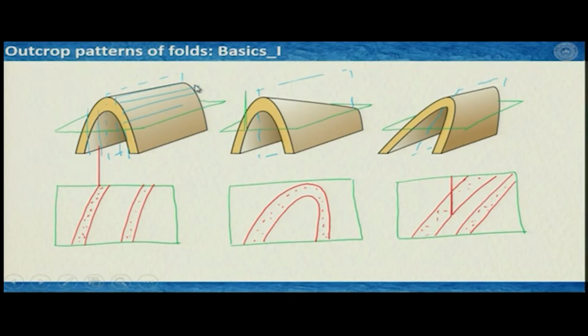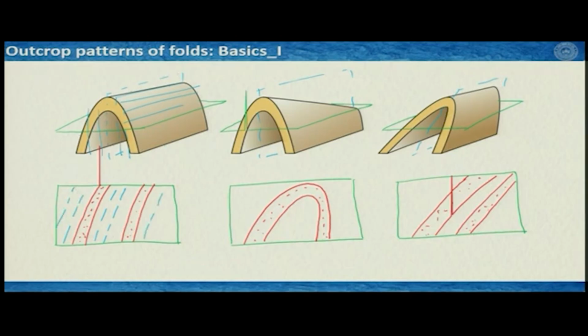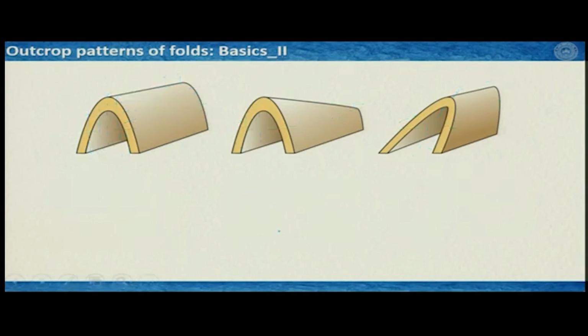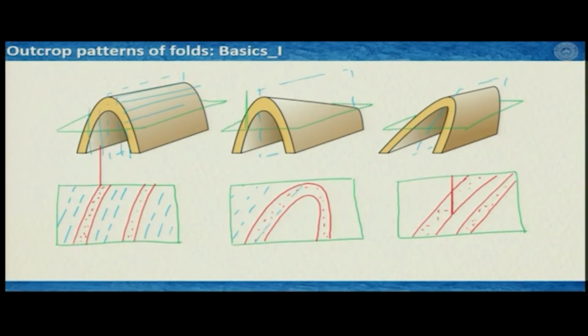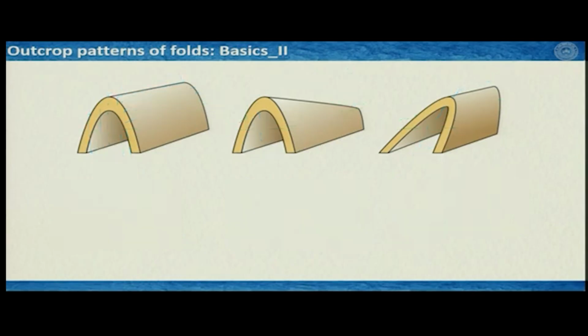So if I try to draw the traces, they will appear here as the traces of these axial planes on this surface, or axial planar cleavages. And here as well, it would appear something like that. So these are outcrop patterns.